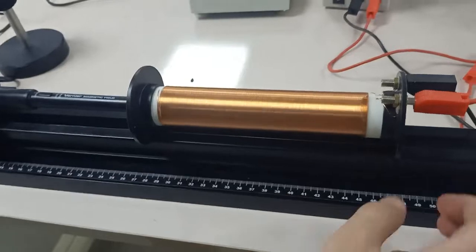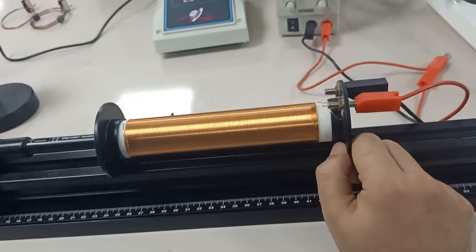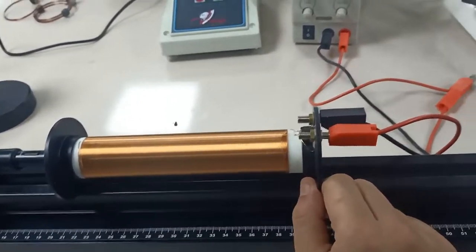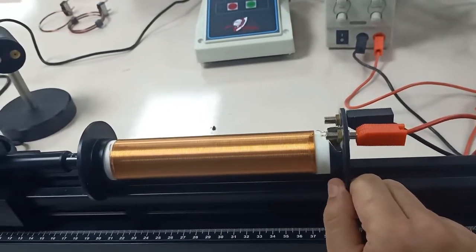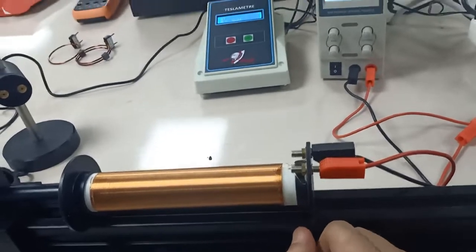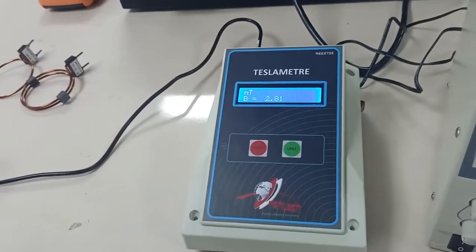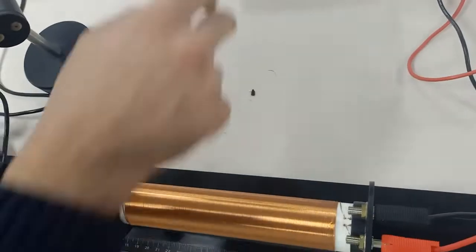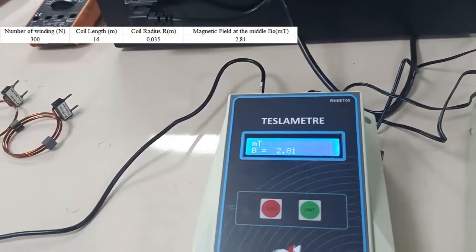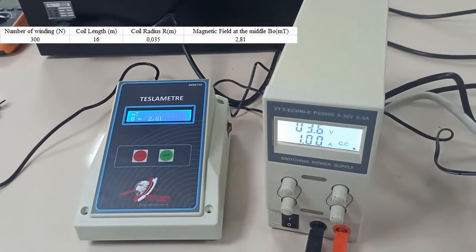Now I'm setting the tip at the center, halfway of the coil. At the half point of the coil, the magnetic field value is 2.81 milliteslas, and the current is again 1 ampere.